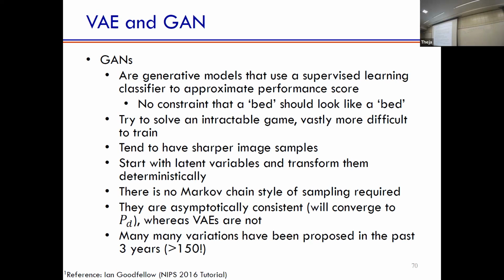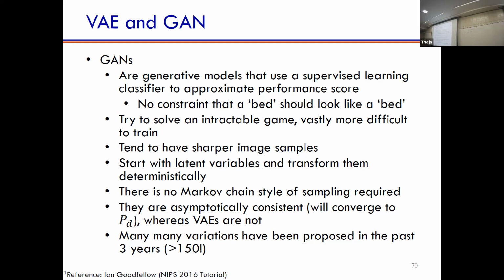GANs use a discriminator basically. They try to solve a game, and solving the game means learning the parameters of the generative network and the discriminator network. That game is actually intractable, in the sense that you don't know whether the game actually has an equilibrium.